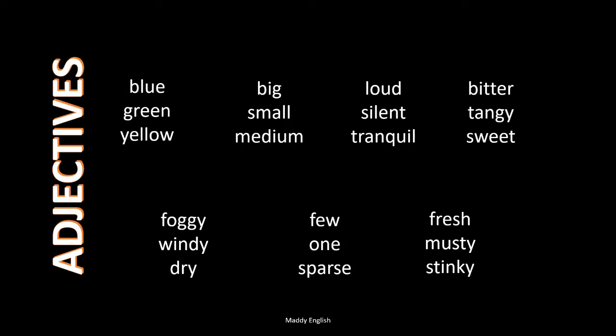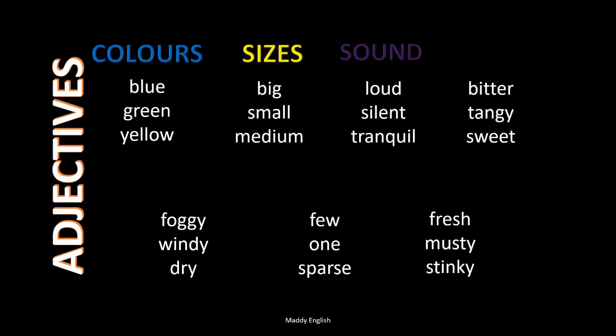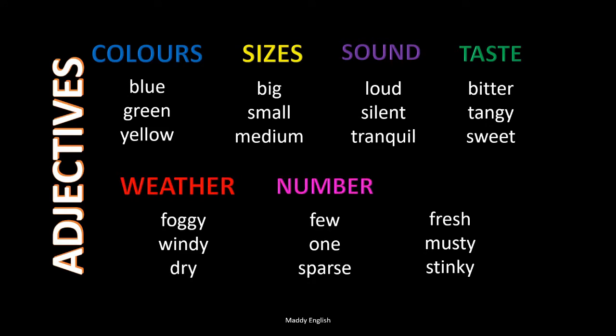Here is the list of adjectives which function to show the conditions of the noun presented, such as colors, sizes, sound, taste, weather, number, and order.